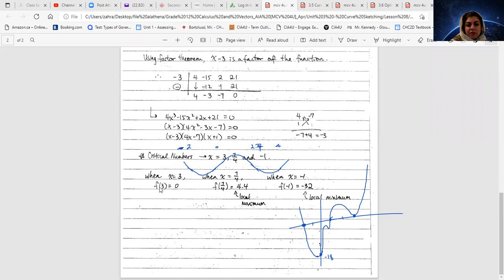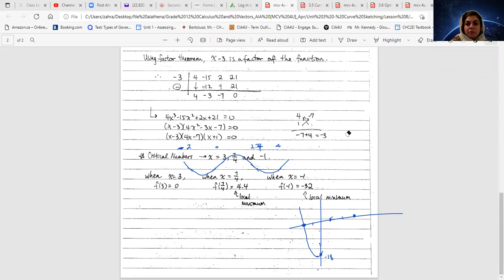I went to the previous slide. So at f of 3, we have extremes at 7/4 and at -1. I need to modify my graph. Guys, here, I'm going to erase that. Take this part.